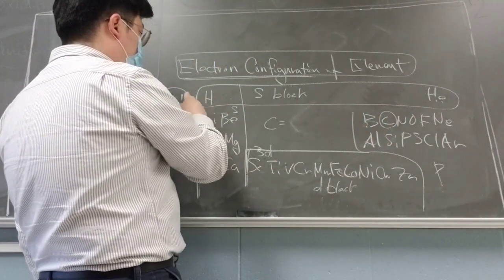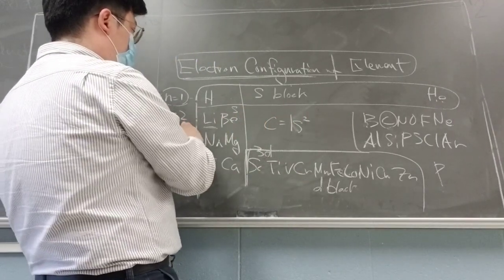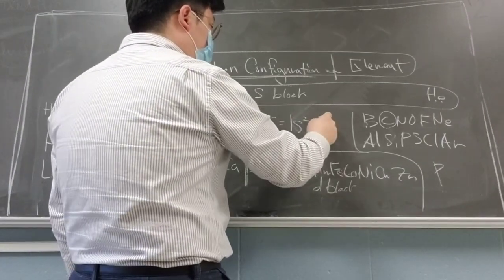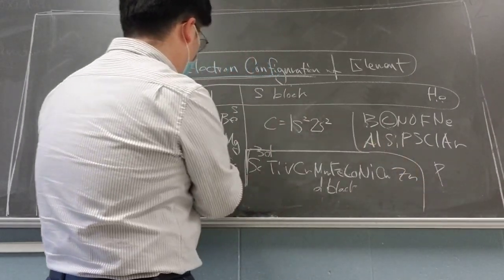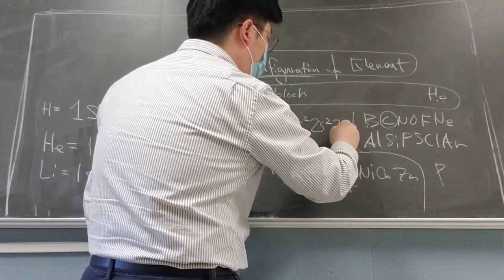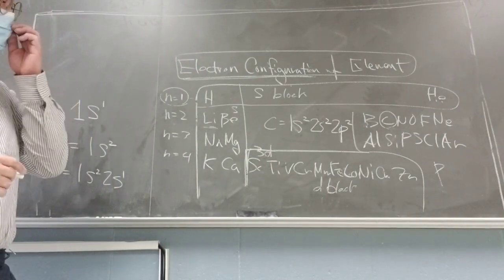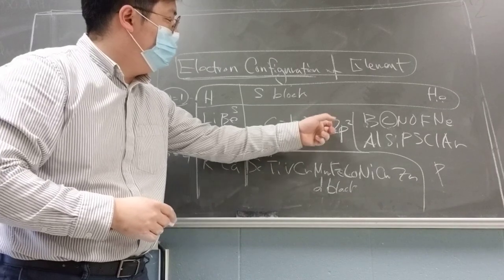So I'm gonna do from here 1s2, and now you have a 2s1, 2. Oh, sorry, 2s2. And now this is the P block, so it'll be 2p1, 2. So the electron configuration form for carbon will be 1s2, 2s2, 2p2.